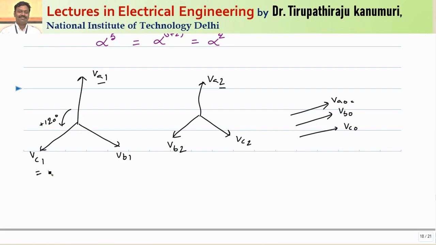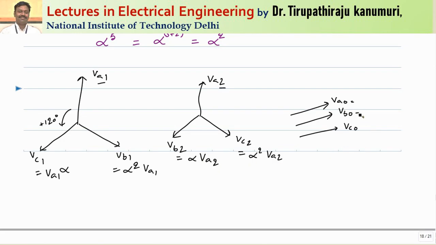So alpha times VA1 will give this. If I want VB1, I am shifting by 120 plus 120, 240, so this will become alpha square times VA1. Getting this? Similar is the case here: VC2 will be equal to alpha square times VA2, and VB2 will be equal to alpha times VA2.